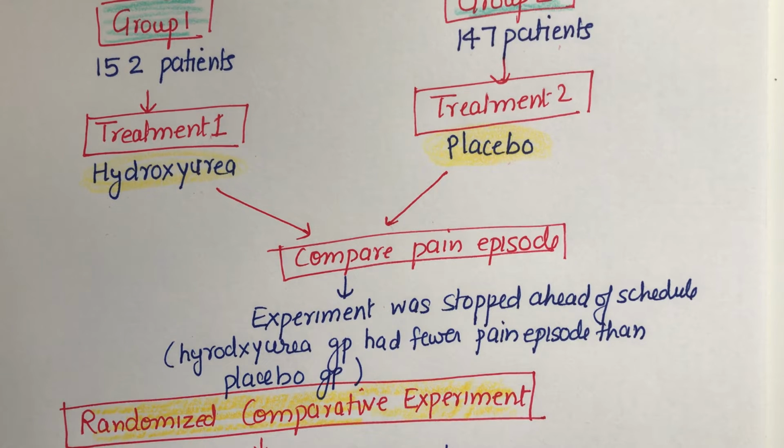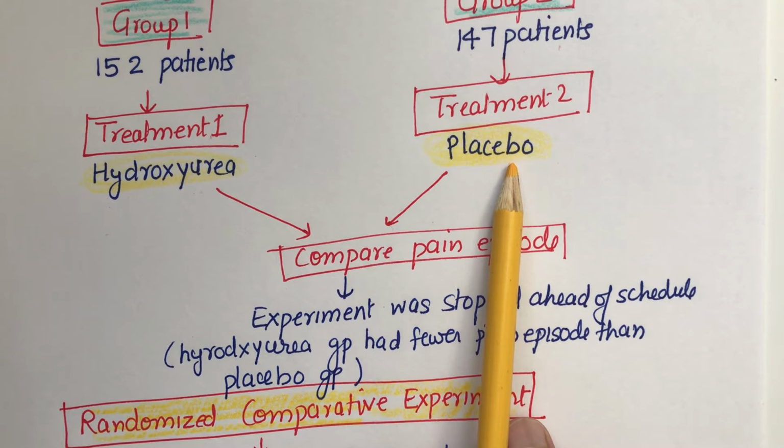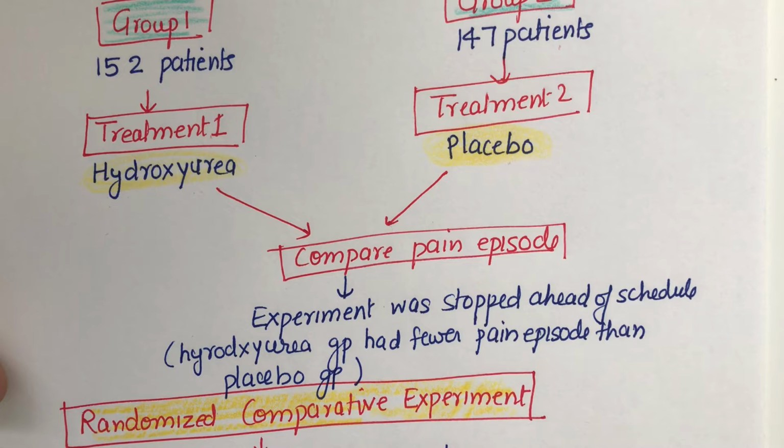Only the drug being given was different. The first group got hydroxyurea, and the other got a placebo, something that may taste and look similar but doesn't have any impact like a chemical.